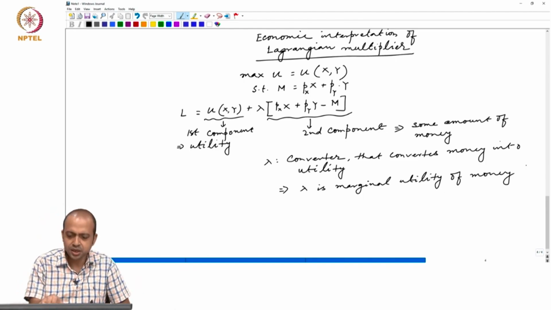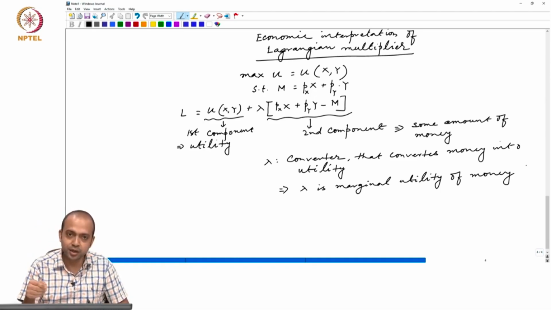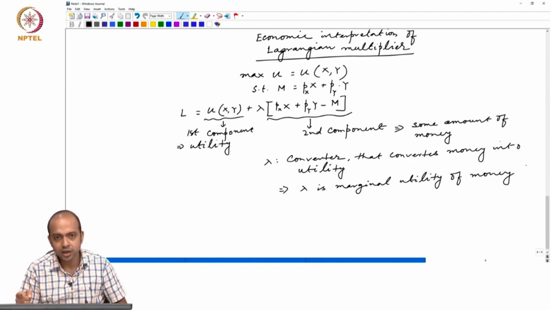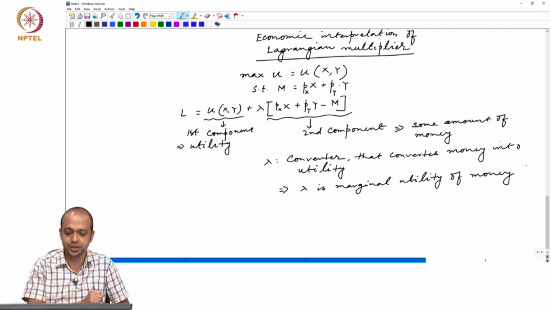In this case, it is utility with money. The Lagrangian multiplier's role is only to convert the second element into the first one, so that we can add these two different things. Here the interpretation of lambda is the marginal utility of money. We are converting money into utility.